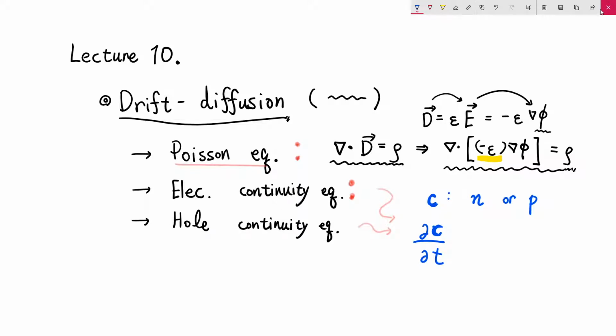This is the partial derivative of carrier density with respect to time. Since C can be a function of position, of course, and a function of time, when I say partial derivative with respect to time, it means that r is fixed.